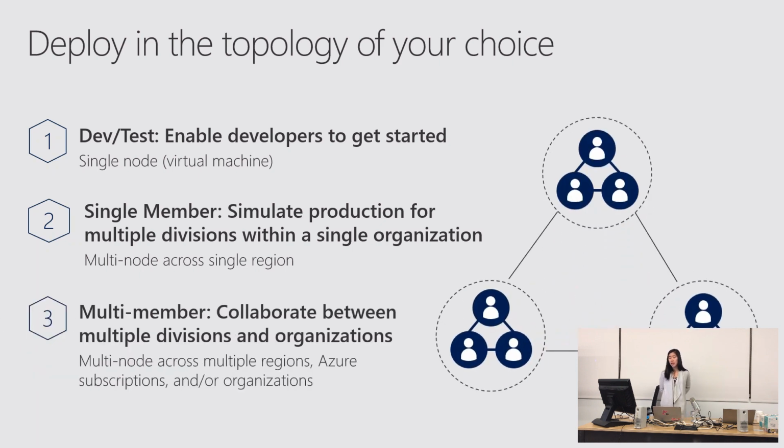And then last but not least, we have our multi-member, which is closest to the real blockchain scenario where you might have multiple organizations across different Azure subscriptions, across different regions. How do you connect that type of network together? So we have a number of topologies you can choose from.